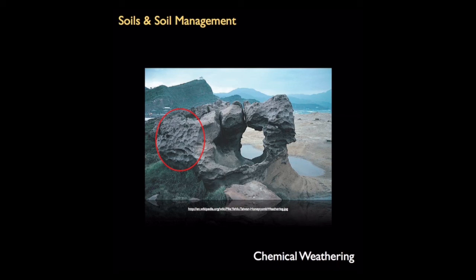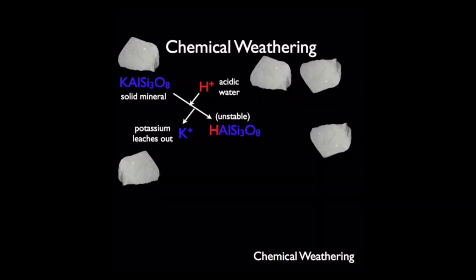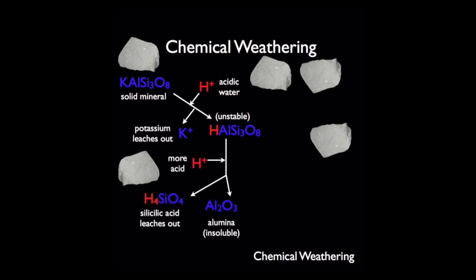Now, if we look in more detail at how chemical weathering itself occurs, you can see that the breakup of complex silicates typically found in rocks in the presence of acidic water results in the loss of potassium, which leaches out, forming an unstable intermediate that ultimately releases silicic acid and simple salts, which are more or less soluble in water.